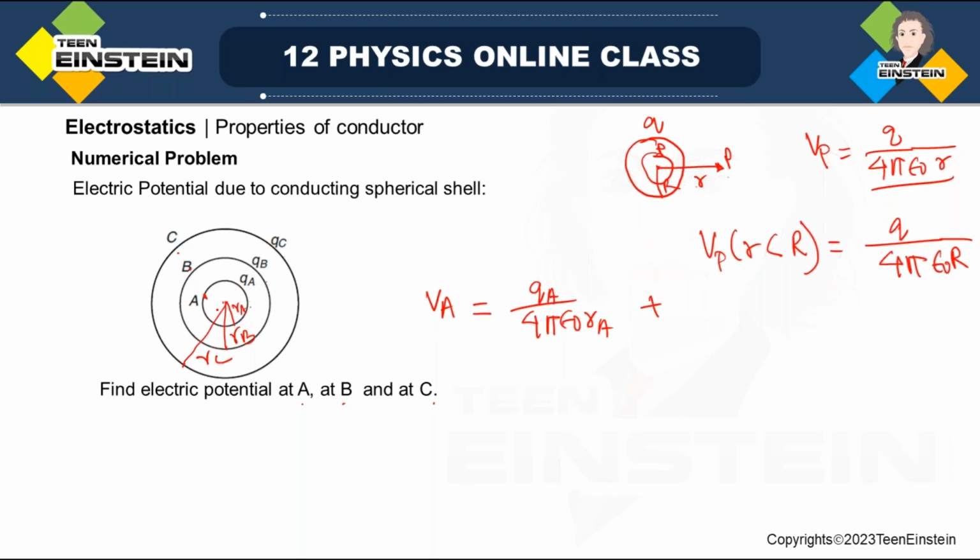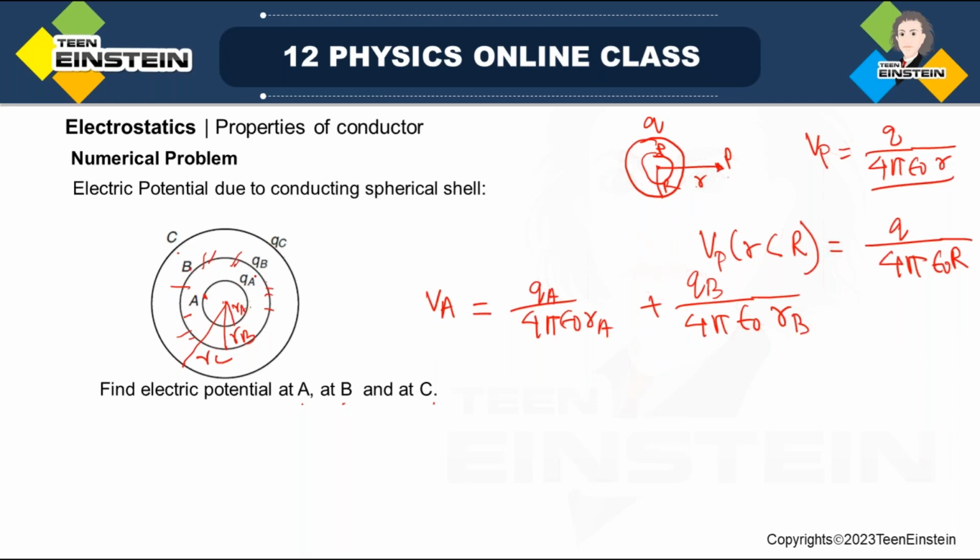Now see, this A point is inner point due to this B. I'm sorry, not B. For the spherical conductor, spherical cell having charge QB, the A point is inner point. Therefore, I have to write QB by 4 pi epsilon naught RB.